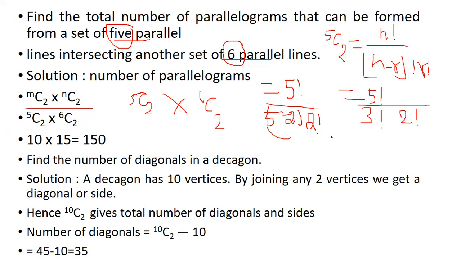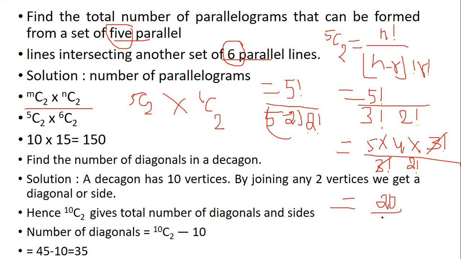Next, you can write 5 factorial as 5 into 4 into 3 factorial, divided by 3 factorial into 2 factorial. I can cancel 3 factorial and 3 factorial. So 5 fours are 20 divided by 2 factorial, which is 2. So 2 tens are 20, and 20 by 2 is 10. So what is the answer for 5C2? I get 10 as the answer for 5C2.